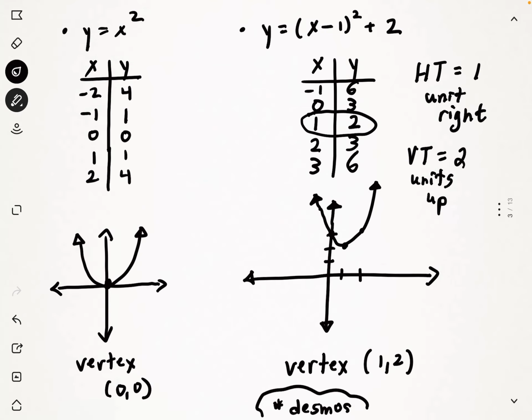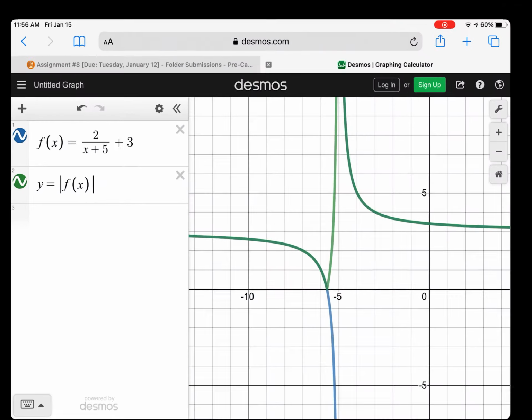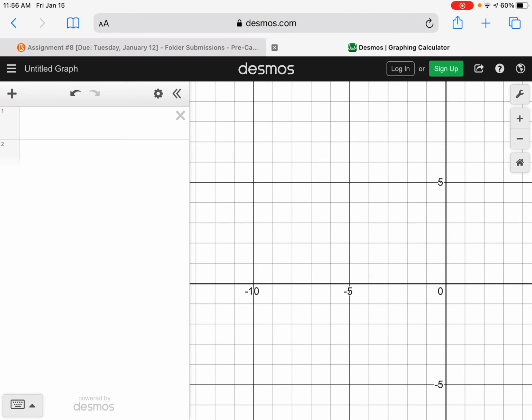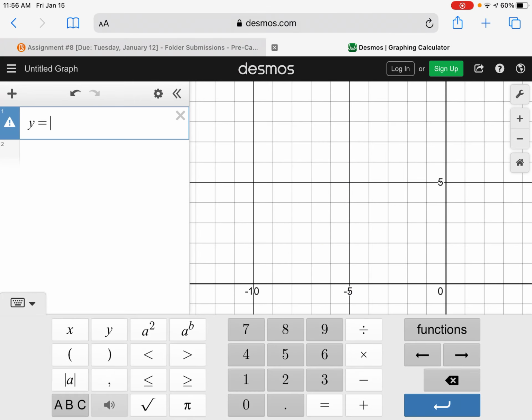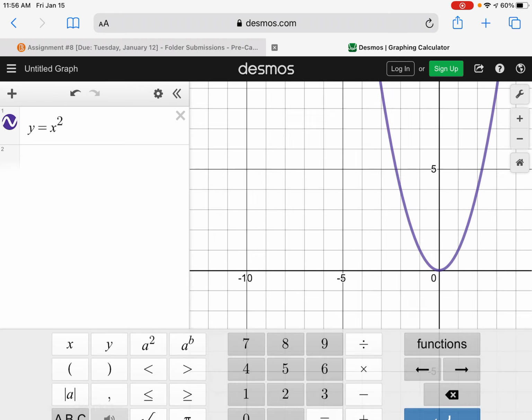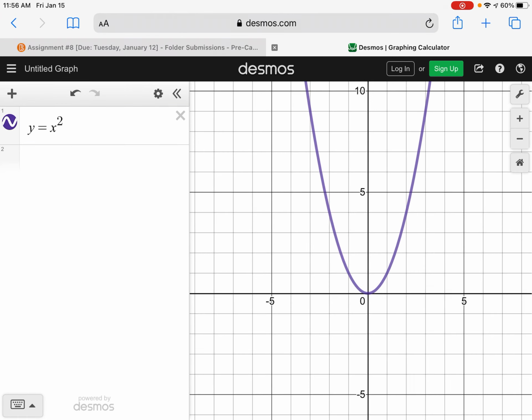So once again, we identify each translation with a number of units and a direction, meaning left or right, up or down. Now finally, you do not have to write any of these down. We're just going to experiment a little bit here on Desmos. We can see that your basic parabola looks something like this, y equals x squared.